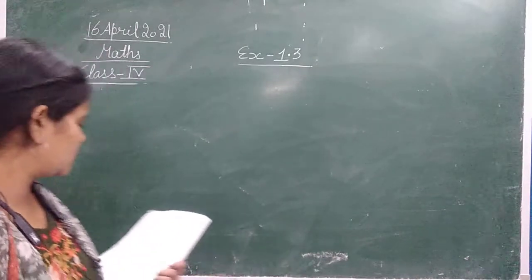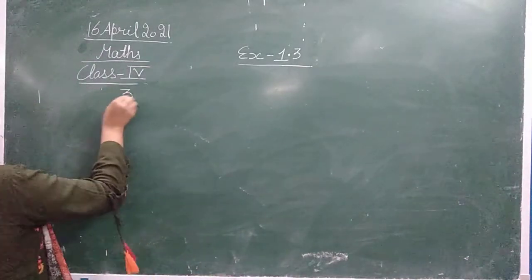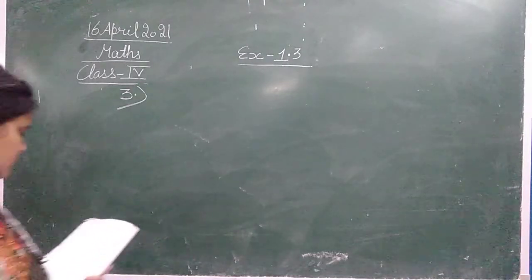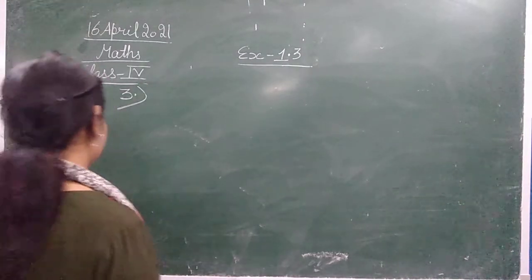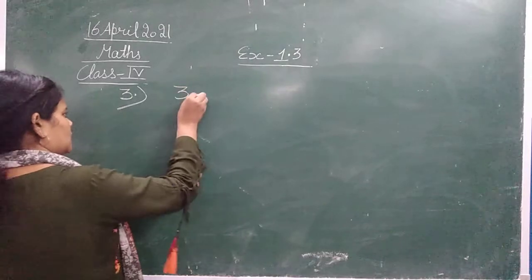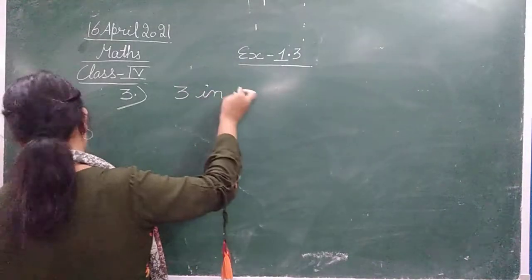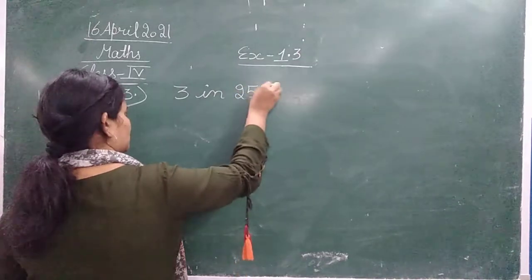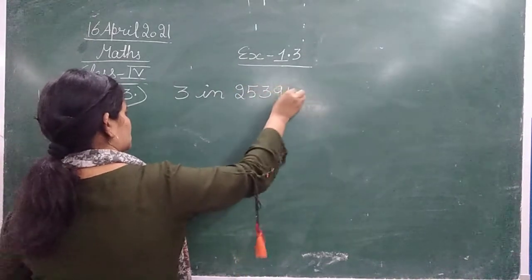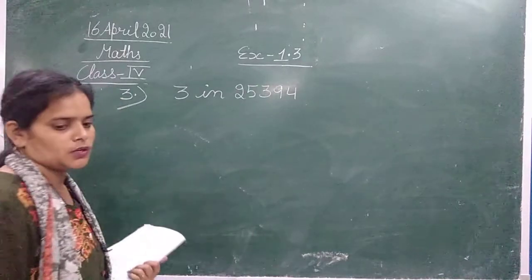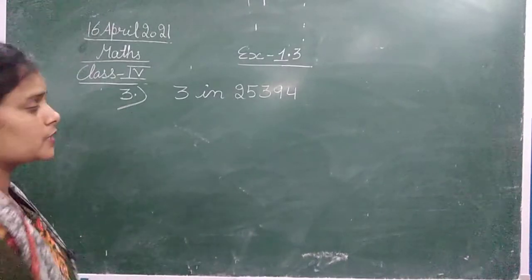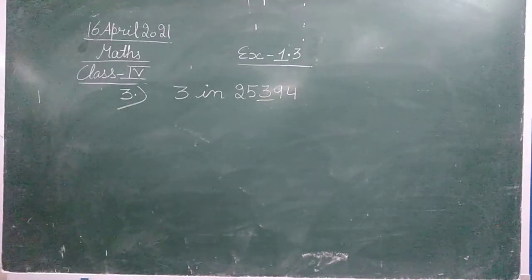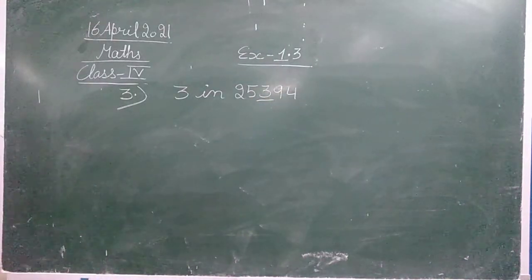Question number 3: we need to find out the place value of 3 in 25,394.